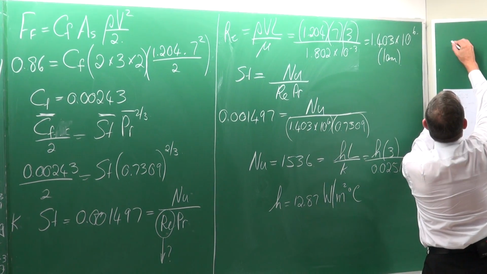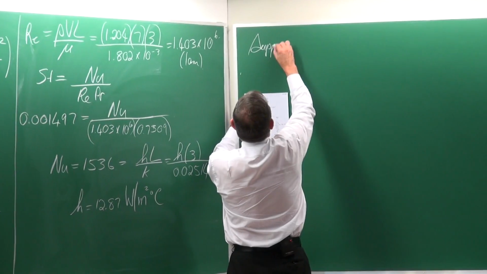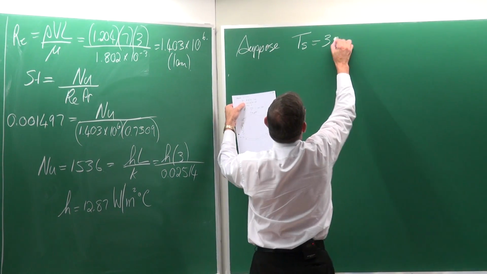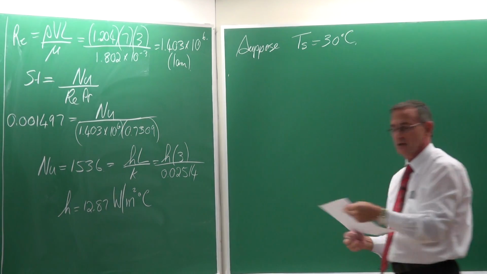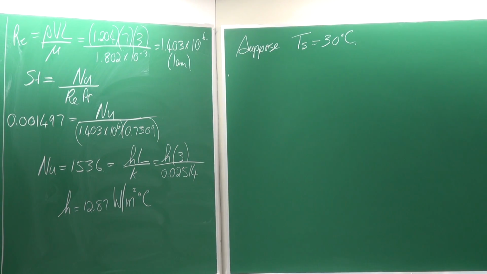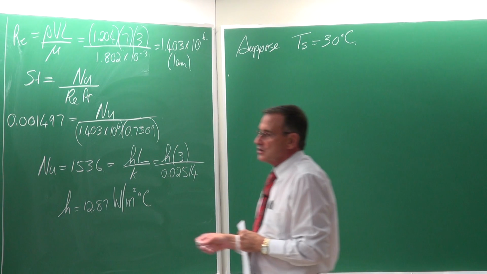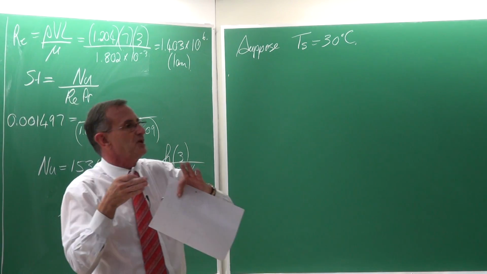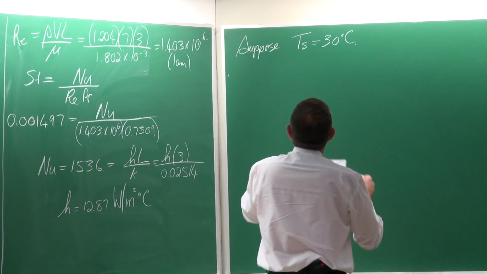So let's suppose the temperature of the surface is 30 degrees Celsius. We want to do the opposite now. So we put a heating element here inside the plate, we heat the plate to 30 degrees Celsius.